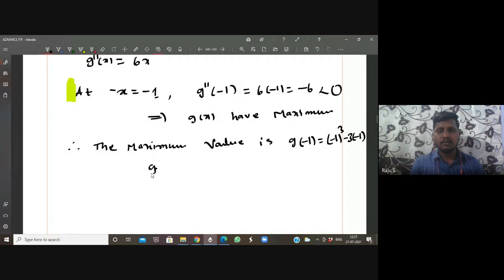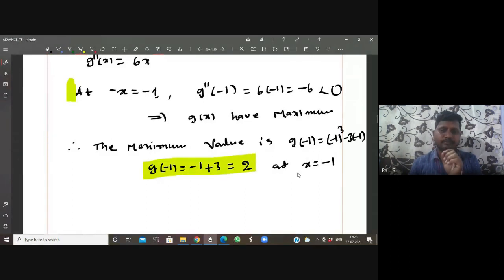So g of minus 1 is clearly equal to minus 1 plus 3, that is 2. So the point of maxima is x is equal to minus 1, and the maximum value is 2.